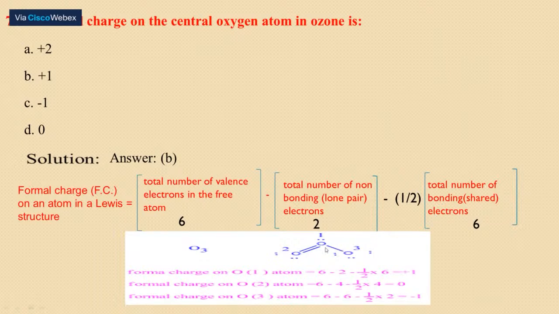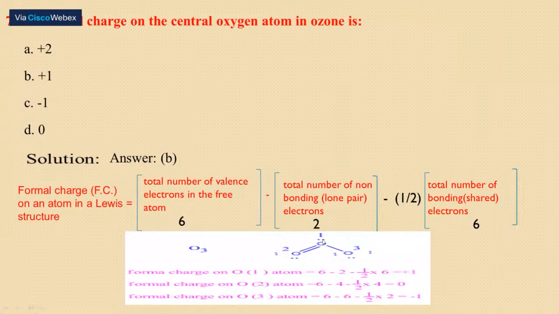Now concentrate on the central oxygen atom of ozone and let us find out how many valence electrons are there. It is fixed because in oxygen there are 6 valence electrons in the outermost shell, so there's no change in that. Now the total number of non-bonding or lone pair electrons: here you can see there is one lone pair, that is 2 electrons, which is not involved in bond formation.